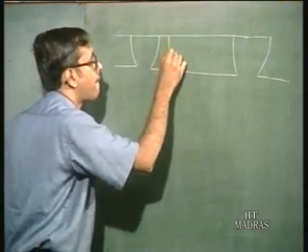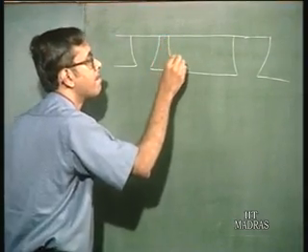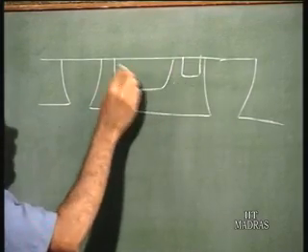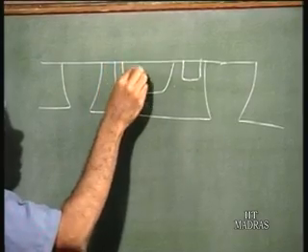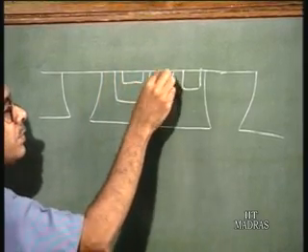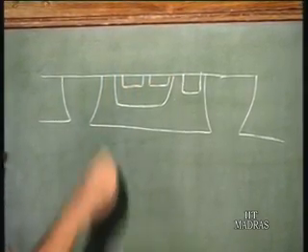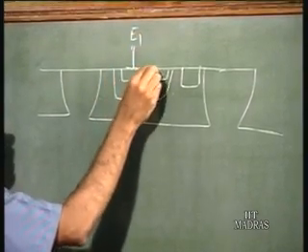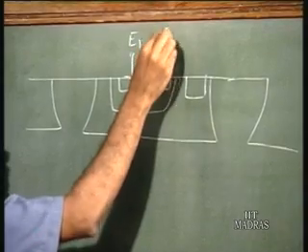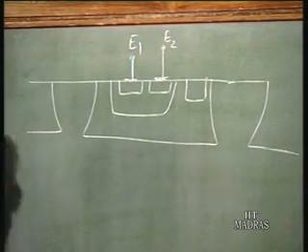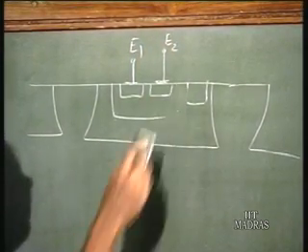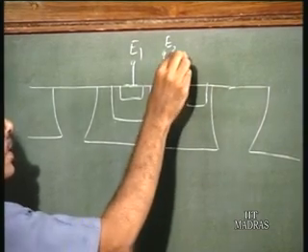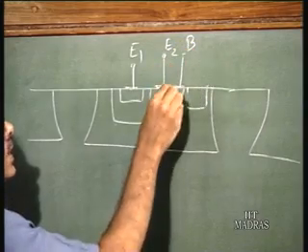So this is the base, then you normally have one emitter. Suppose you have two emitters like this. So this is say emitter 1 contact, you have a second emitter contact here. I am sorry, I have to take the base contact. I take the base contact here from this region.